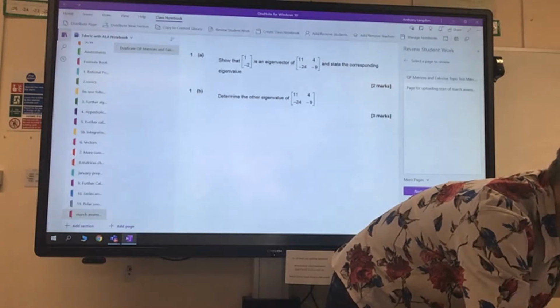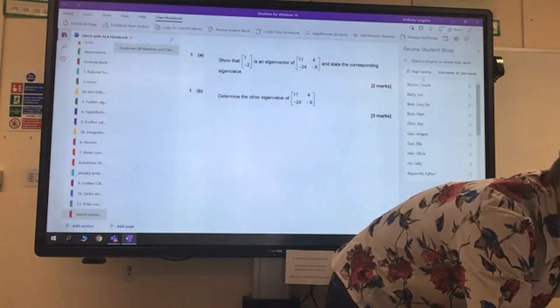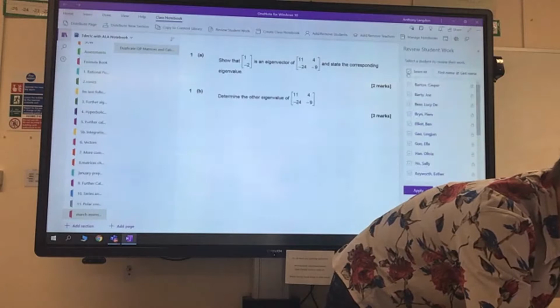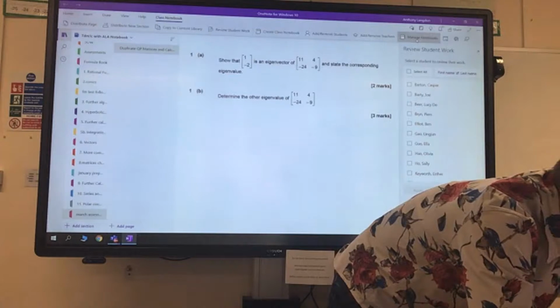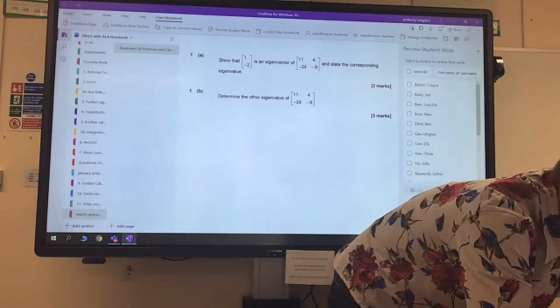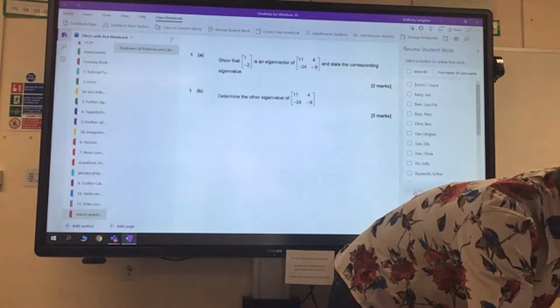Next. Oh, so I've got to unlock both of them because, okay, so page locking, unlock all of those. Apply changes, come on.